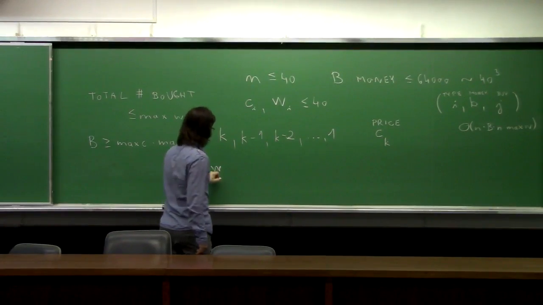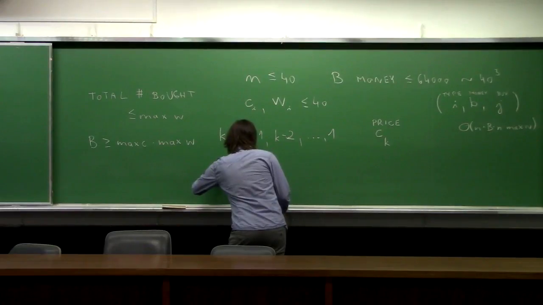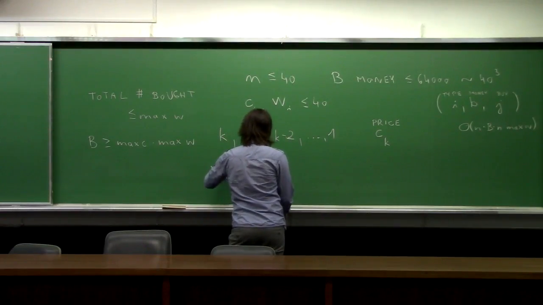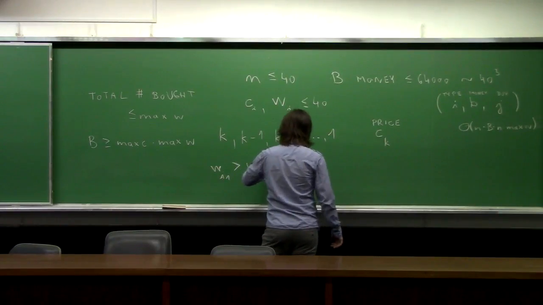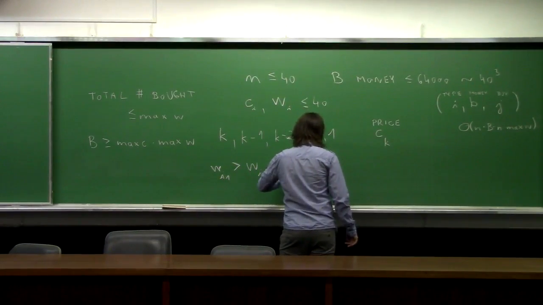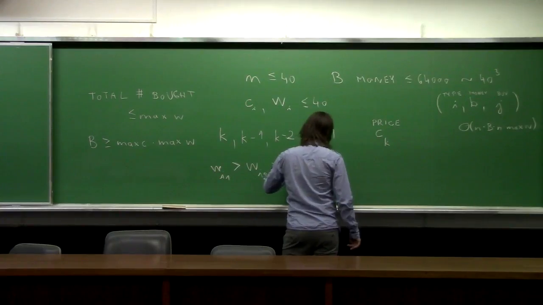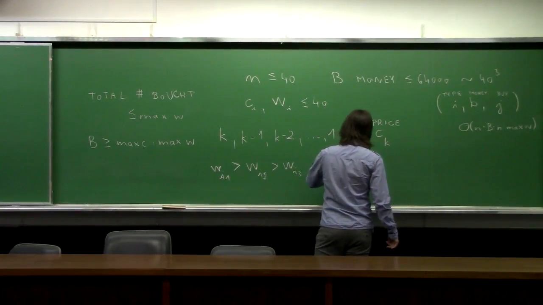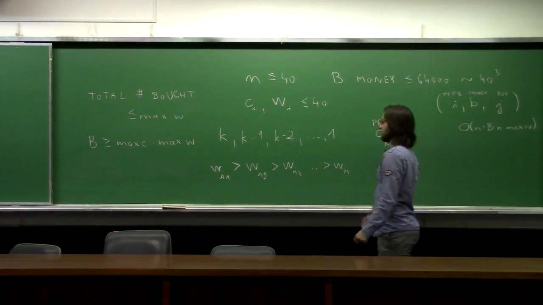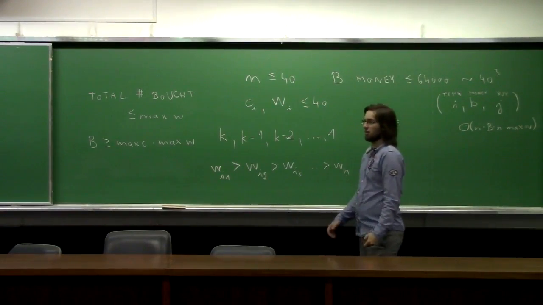a decreasing sequence, some Wi1 greater than Wi2 is greater than Wi3, and so on is greater than Wn, a sequence that always ends with n, with the nth suite.